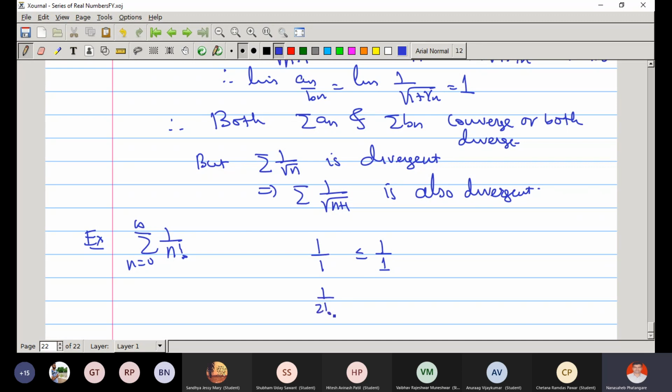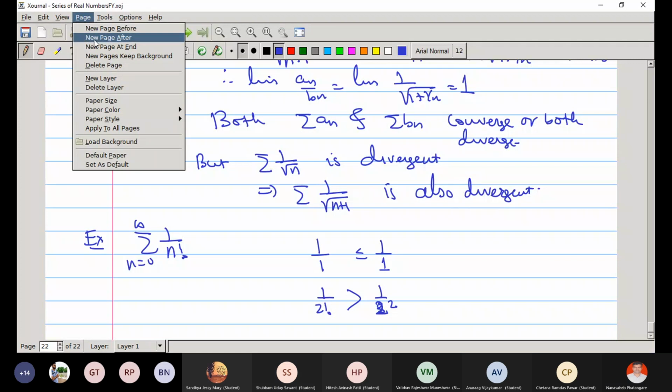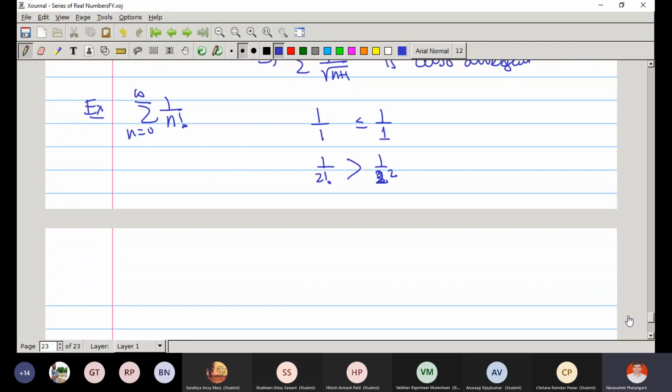Comparing 1 upon 2 factorial and 1 upon 2 square, which is larger? Here 1 by 2 factorial is larger. If you go further, 1 upon 3 factorial and 1 upon 3 square: here it is 6 and here 9, still 1 by 3 factorial is larger.